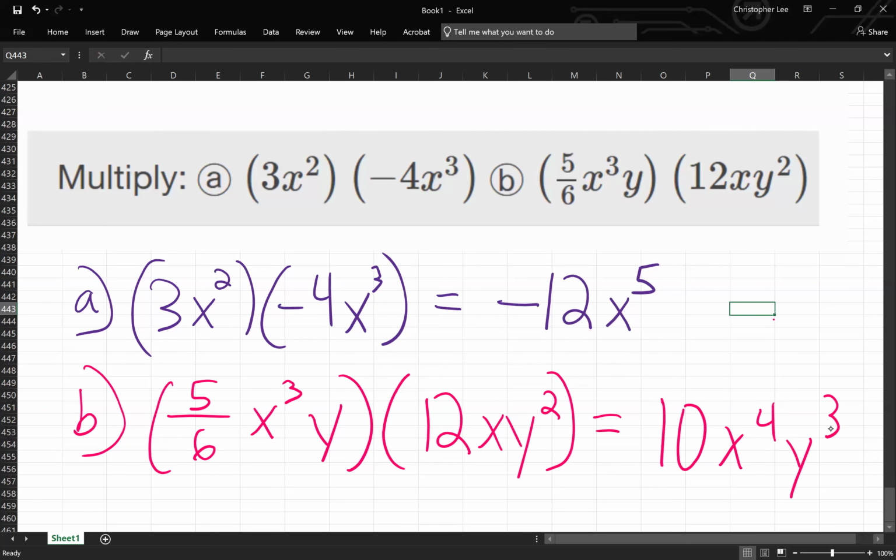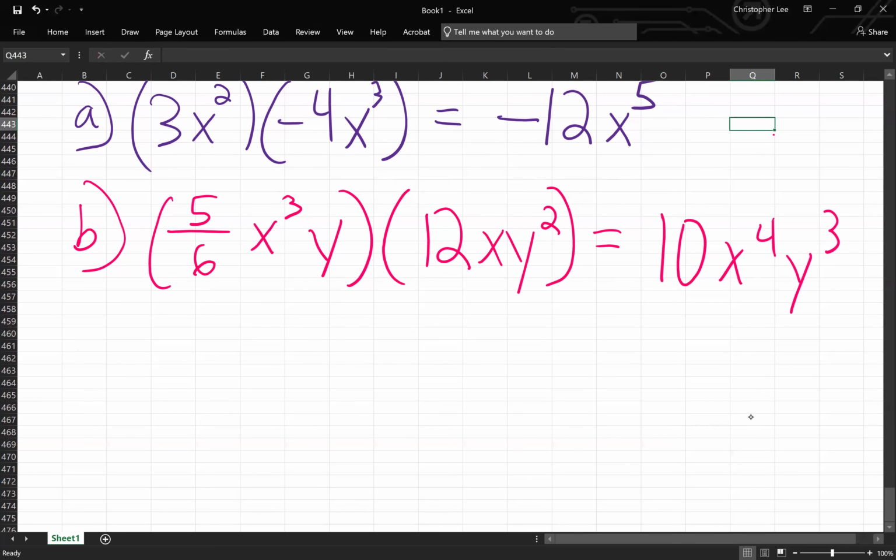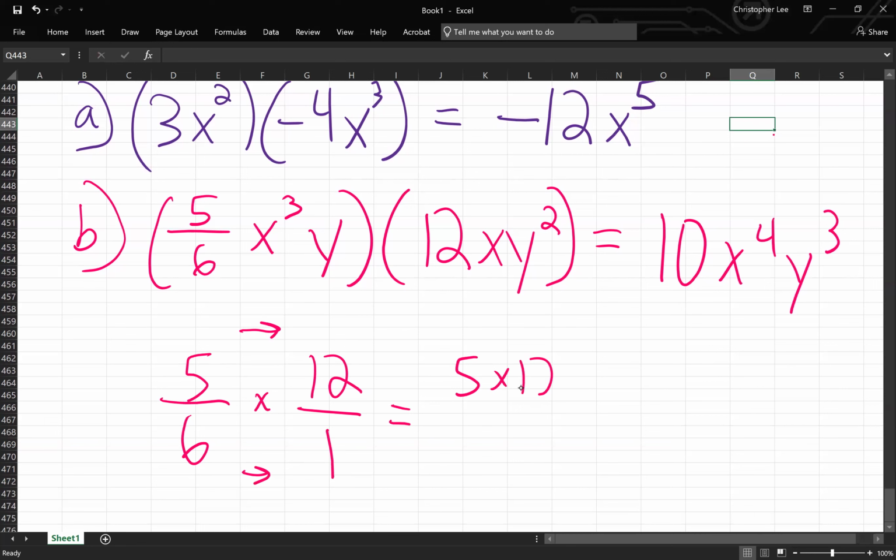Very good, right? So we did 5 over 6 times 12, right? So remember how I multiply fractions. I'm going to have the 5 over 6 times, but the 12 is a whole number, so we put that over 1. And then how do we multiply? We multiply straight across, right? So this becomes what? 5 times 12 over 6 times 1.